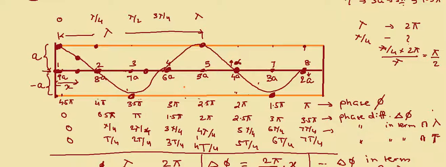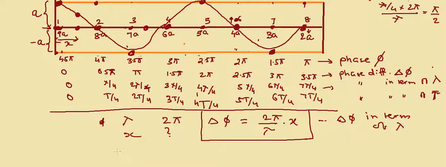And that we can obtain by this: when the two particles are at time T apart, the phase difference is 2 pi. So if they are small t apart, some time difference, what will be the phase difference? And in this, I'll get the equation delta phi is equal to 2 pi by T into small t.